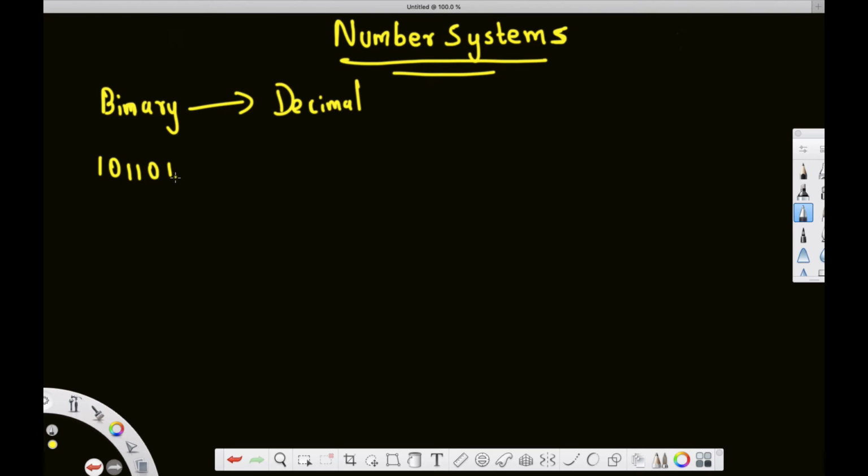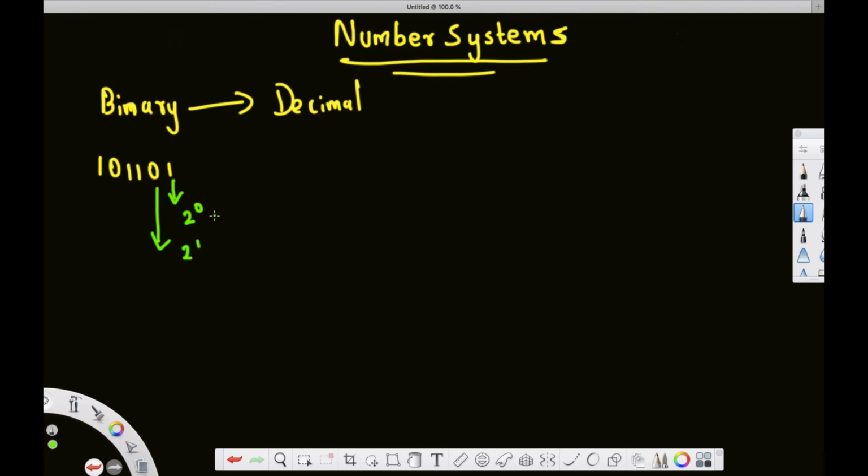Okay, now, like we saw for decimal, where it started from 10 power 0, for binary it's 2 power 0. This 1 is taking the place of 2 power 0 and this 0 is taking the place of 2 power 1, like that.